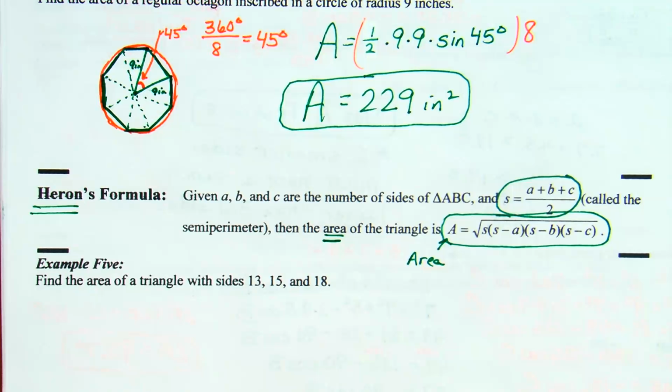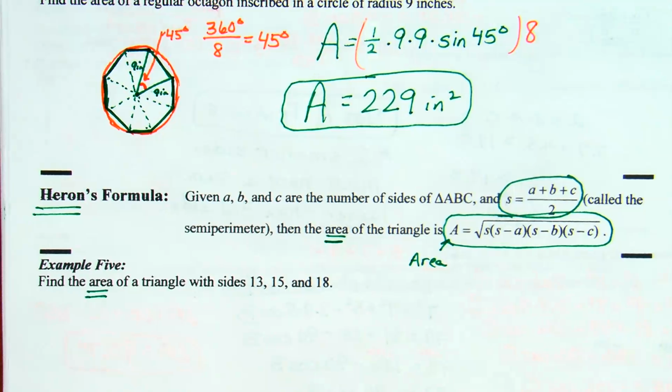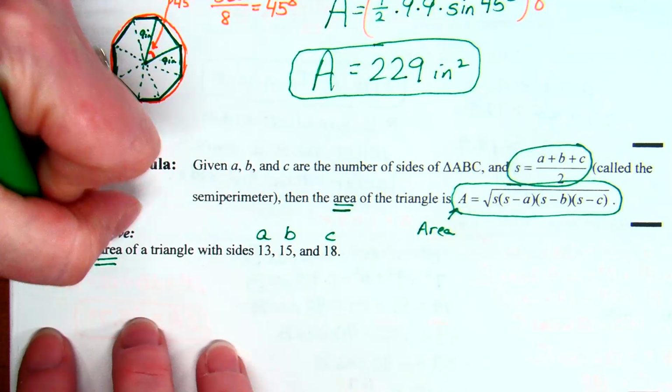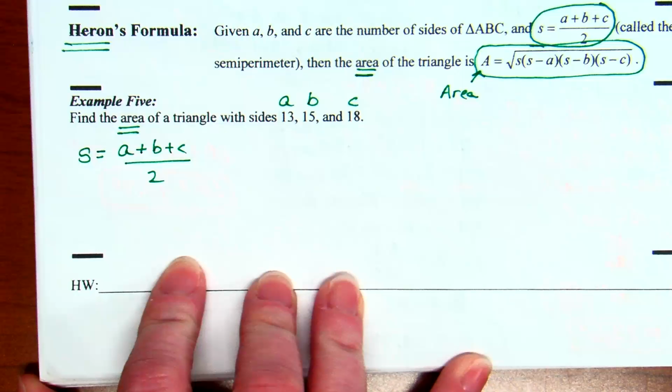So 13, 15, 18 are my A, B, C. In order to find my semi-perimeter, or my S, I do A plus B plus C divided by 2. Well, that means I'm doing 13 plus 15 plus 18 divided by 2, and S works out to be 23.